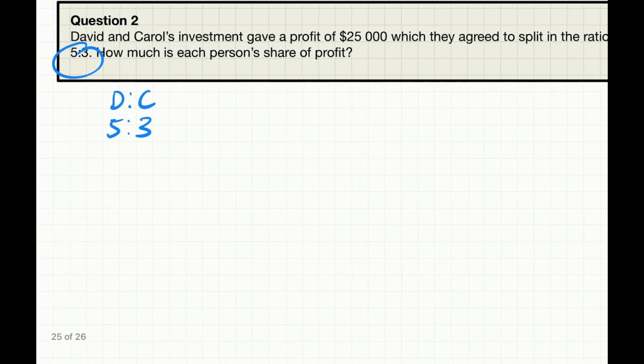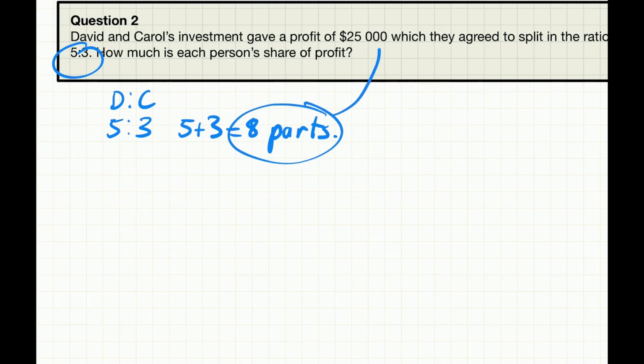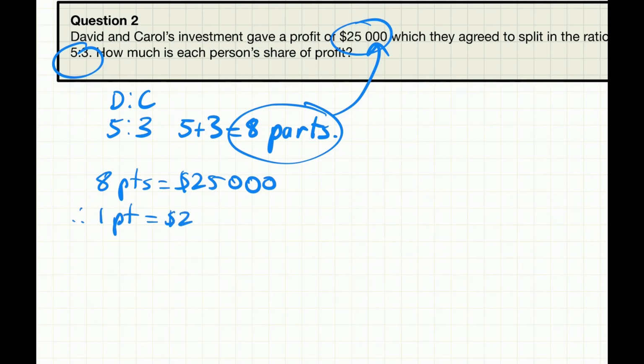In terms of how many parts, we have 5 plus 3, which gives us 8 parts in total. We know that 8 parts reflects that 25,000. Therefore, one part is equal to 25,000 divided by 8, which gives us 3,125 when we enter it into the calculator.